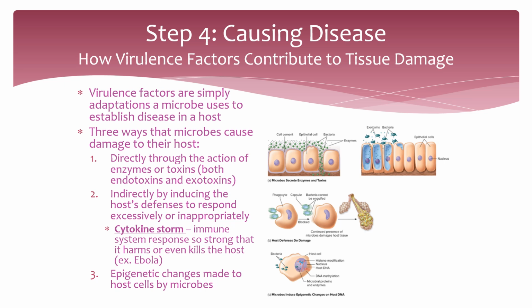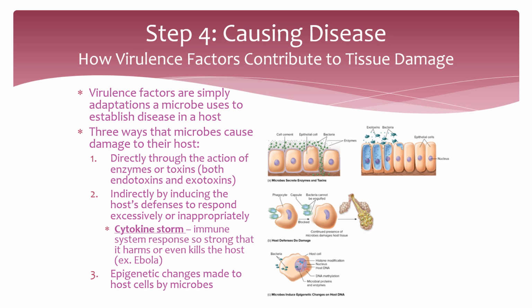And the way that we become sick, that tissue damage or damage in general that we see, is going to happen in one of three ways, potentially. One is directly. We also see that damage indirectly through a cytokine storm.